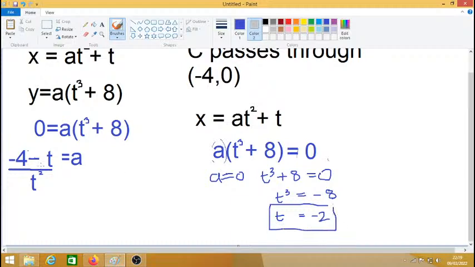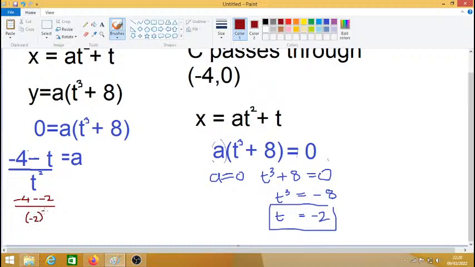Let me substitute it into this equation here: minus 4 minus t, over t squared. Putting in minus 2, I have minus 4 minus minus 2 over minus 2 squared.